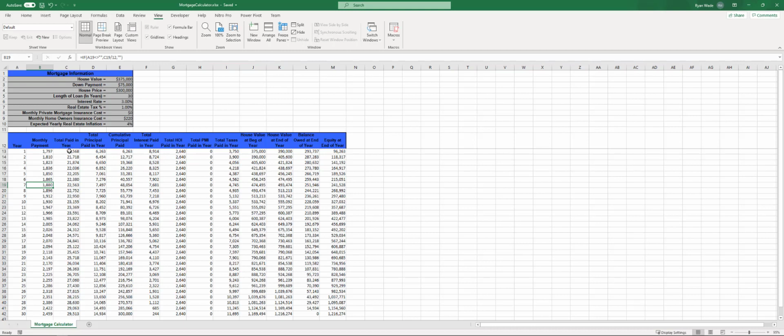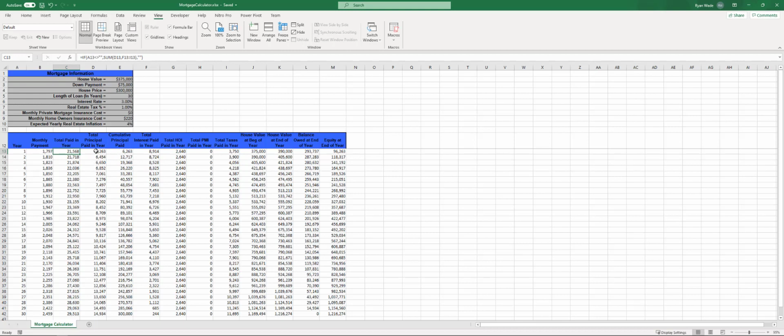The next field that you see in the amortization schedule is the total paid in year. Now, the total paid in year is the sum of all the individual costs that are associated with a home mortgage that's included in this amortization schedule.